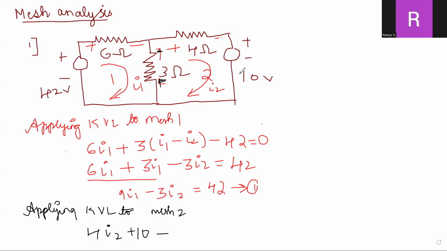Minus and plus are given in the question, so you have to take minus here. If they mention plus, you should take plus; if they mention minus, you need to take minus. Or else you assign one convention and solve the problem.